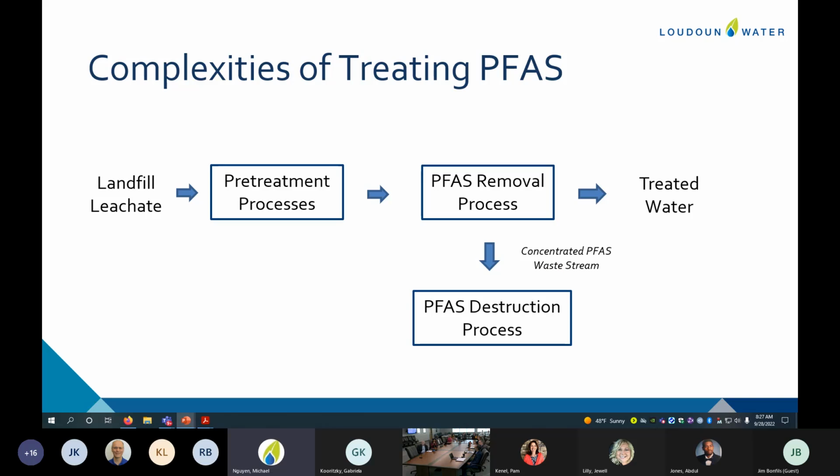So there are currently some destruction facilities that this material can be sent to. Honestly, most of them right now are incineration, and the science is showing incineration really isn't great for PFAS, but there's nowhere else for it to be sent yet. But again, science, academics, the industry, everybody's working on PFAS destruction. There are promising technologies. They all just need to scale up and be brought to market.